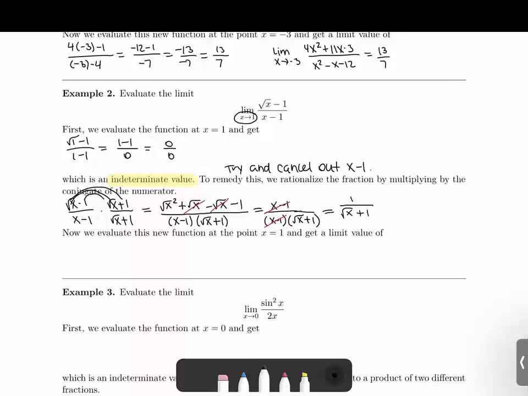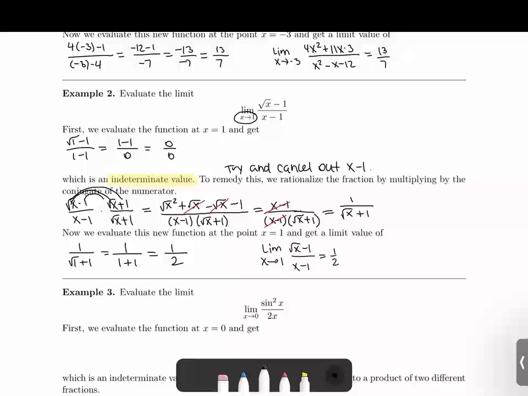Now we can evaluate this new function at x equals 1. And my denominator is going to simplify not to 0 anymore, but to 2. So now I got rid of the 0 in my numerator and my denominator, and we're going to write this as the limit as x goes to 1 of my original function, because all I did was multiply by the same thing on top and bottom.